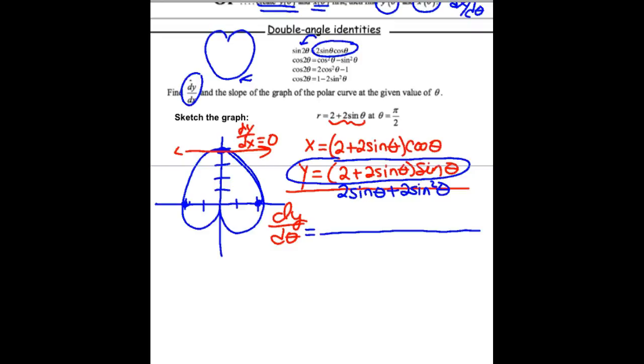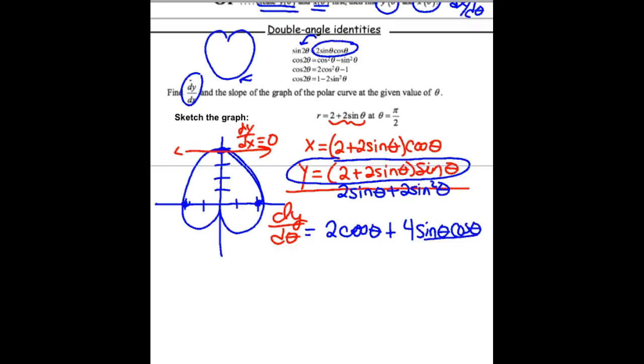I'm just going to take that derivative as the derivative of 2 sine theta, which is 2 cosine theta. Whoops, sorry. I don't know why I have a fraction bar there. Anyway, I'm going to have 2 cosine theta plus 4, right? I'm going to bring that out front, sine theta to the first, cosine theta.